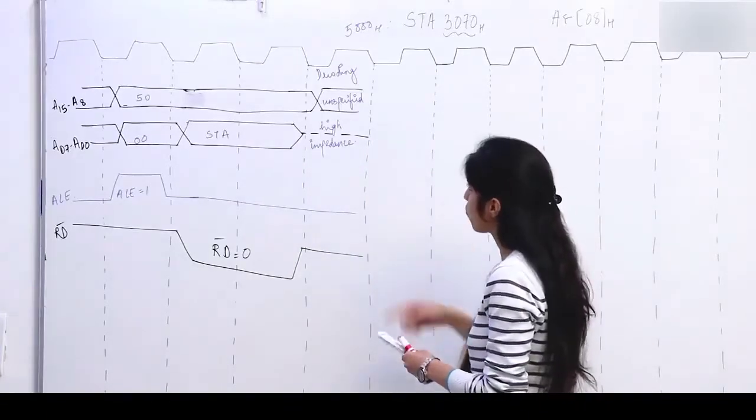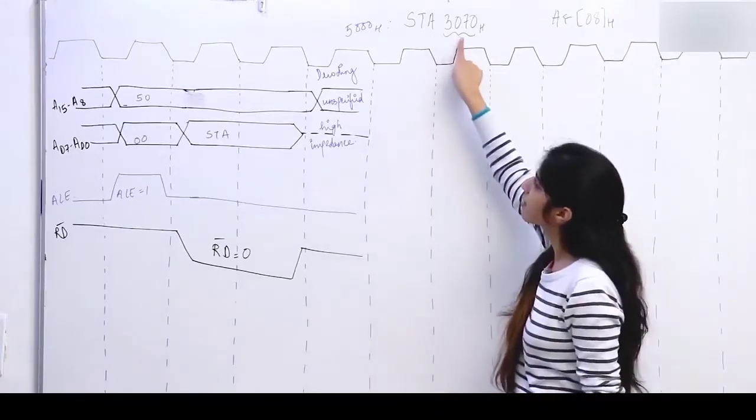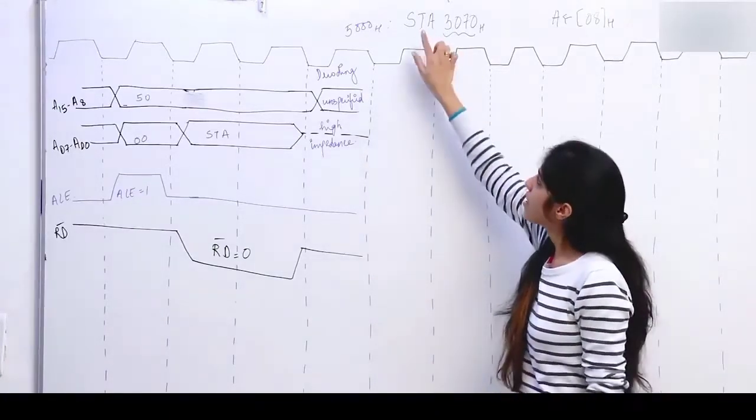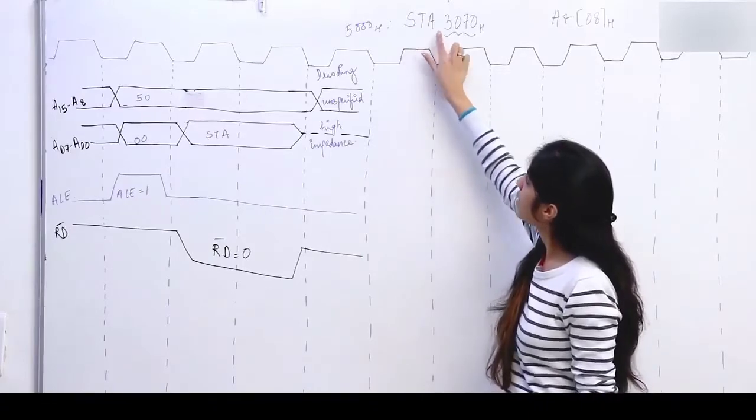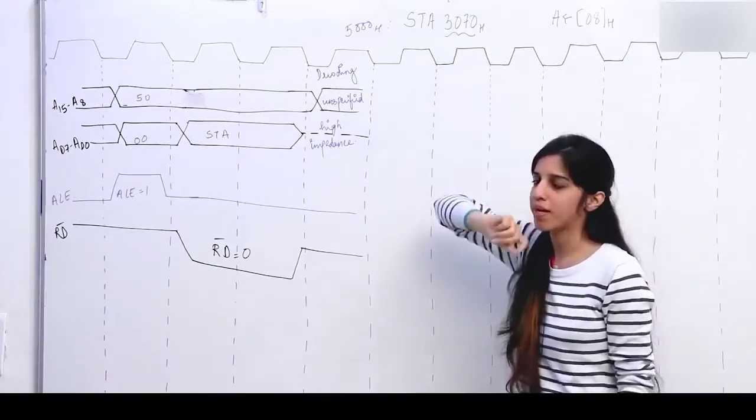So again what we are going to do, this instruction is a 3-byte instruction. How? This opcode takes 1 byte, these 2 bits take 1 byte and these 2 bits take 1 byte.